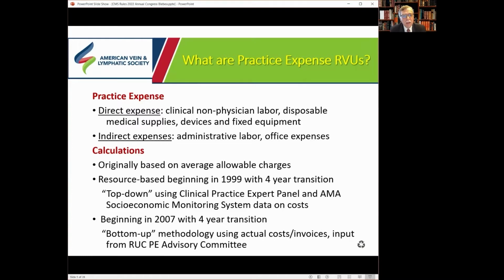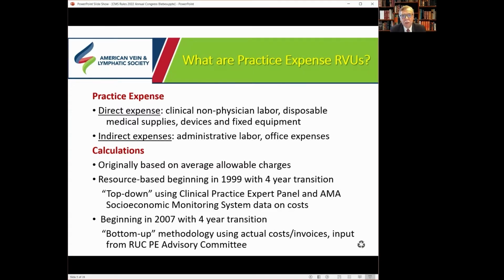Originally, practice expense calculations were based on the average charges that were allowed back at that time. Then beginning in 1999 with a 4-year transition, resource-based calculations were begun, and specifically a top-down, meaning that they used a clinical practice expert panel and the AMA monitoring system on socioeconomic factors to calculate costs.